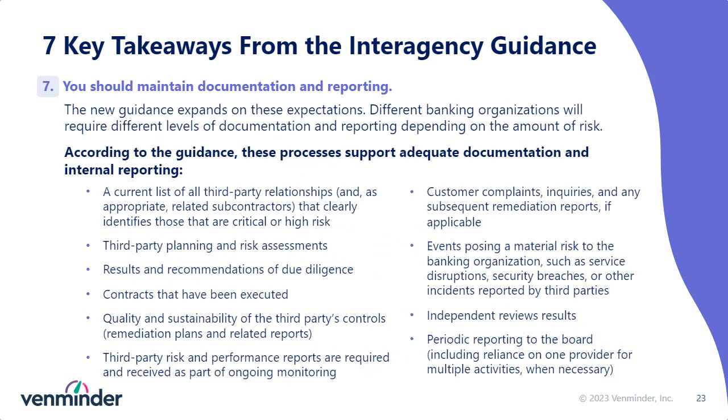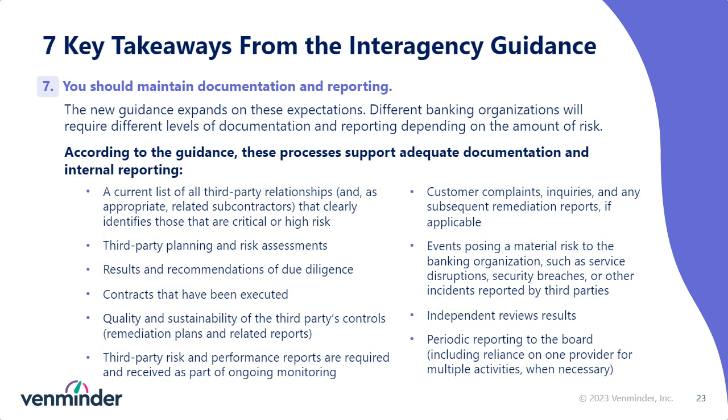So our final takeaway from the interagency guidance is all about maintaining documentation and reporting, and the guidance does expand on these expectations a little bit, not new expectations, but just clarifying what it is that you need. I'm not going to read this whole list, but I will say that you need to be a good record keeper. We need to make sure that we have tangible evidence of things like risk assessments and planning and due diligence are being done.